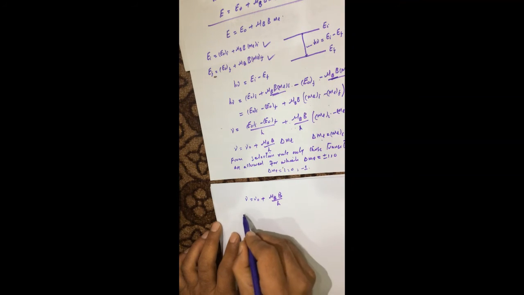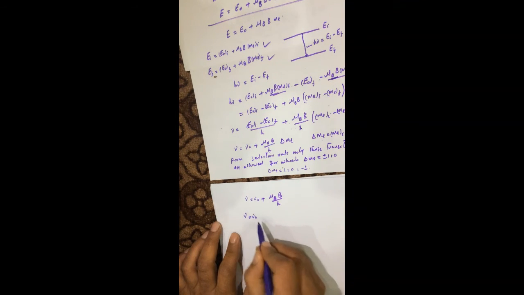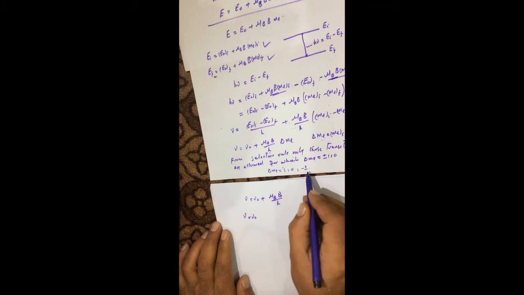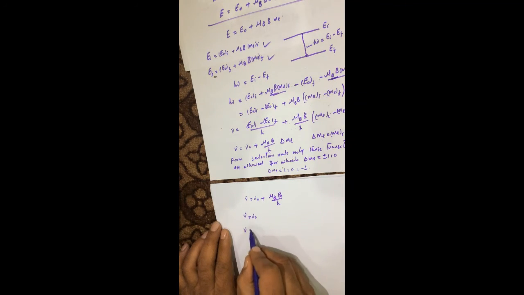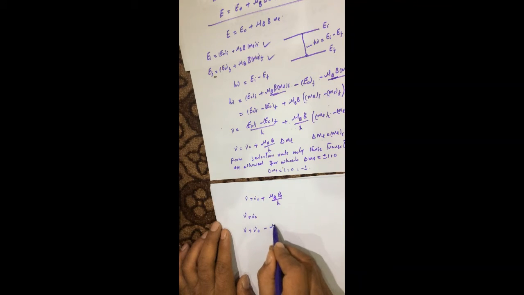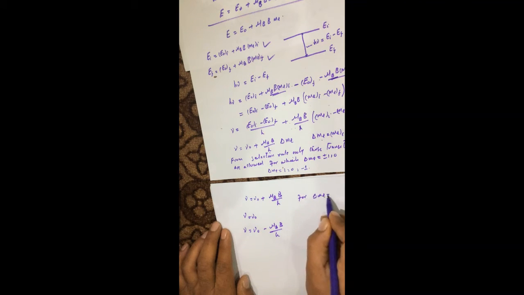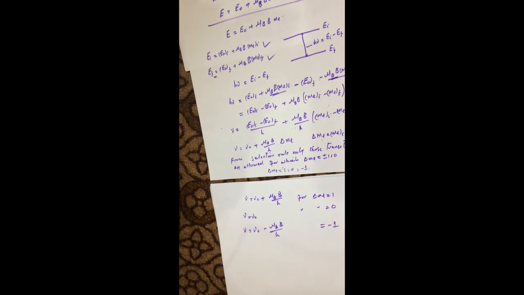If I put 0, we have nu is equal to nu naught. And if I put delta ML is equal to minus 1, we have nu is equal to nu naught minus mu B B over h. Now this is for delta ML is equal to 1, this is for delta ML is equal to 0, and this is for delta ML is equal to minus 1.